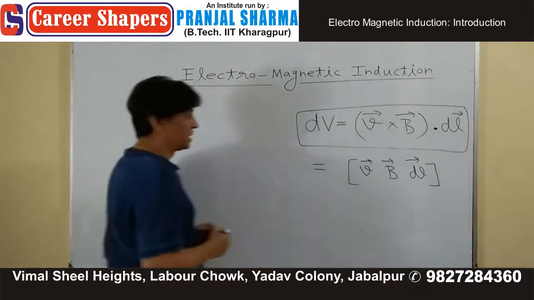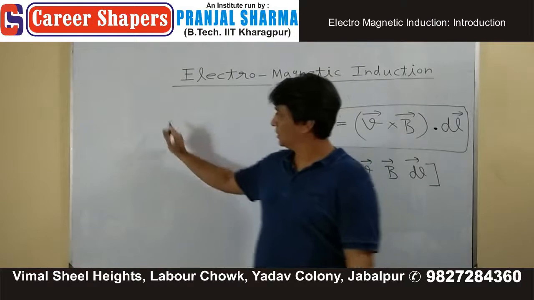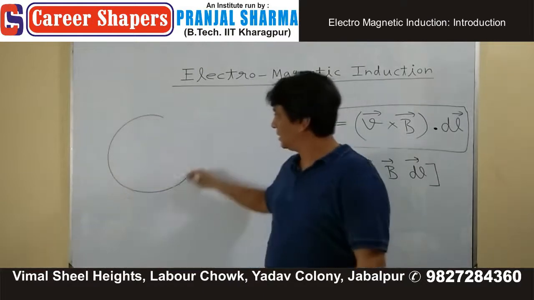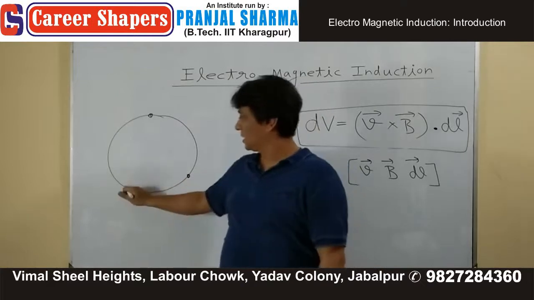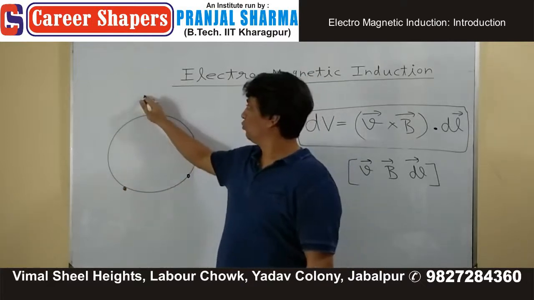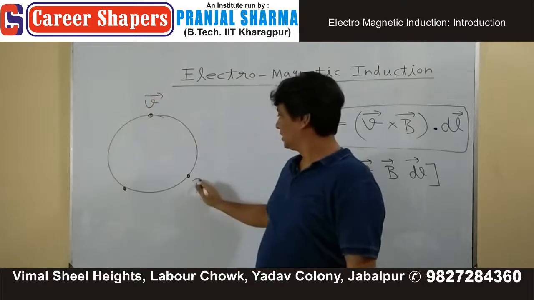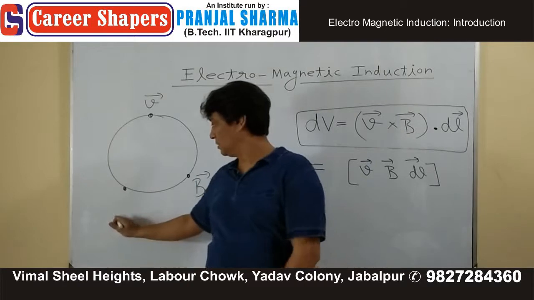Now, dV can be arranged in this form: V, B, dl.